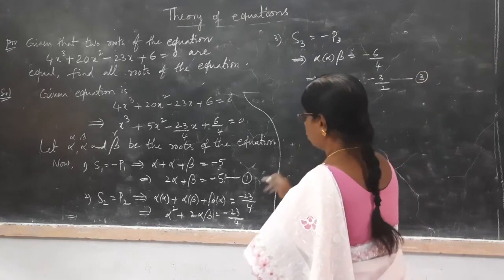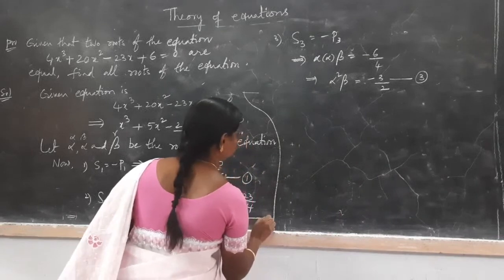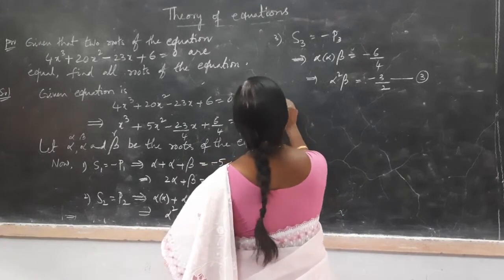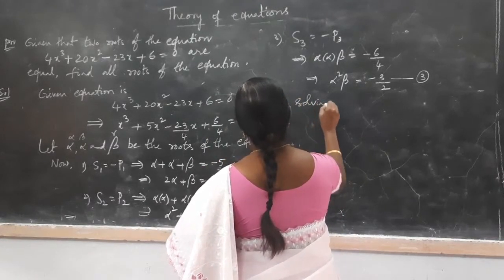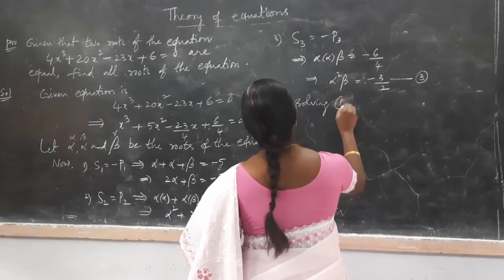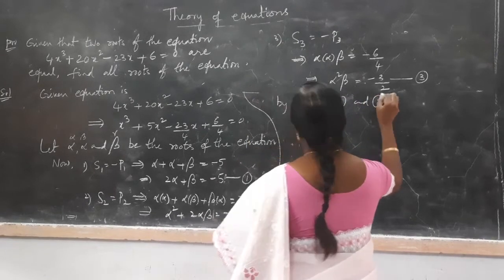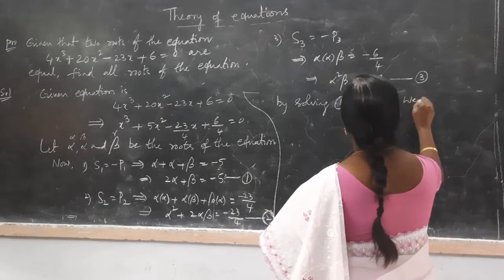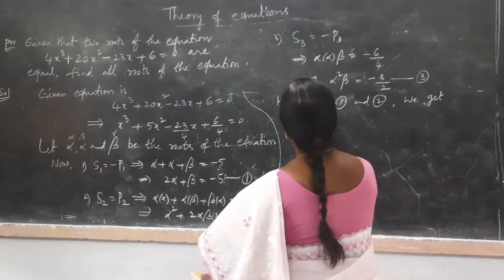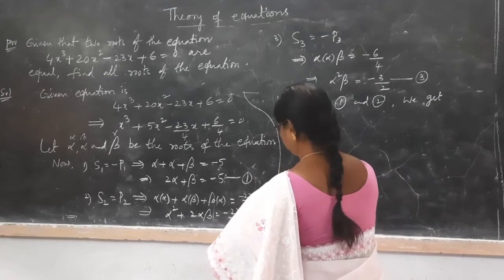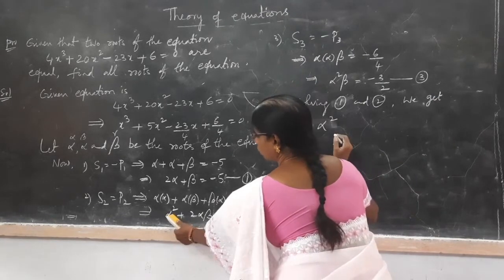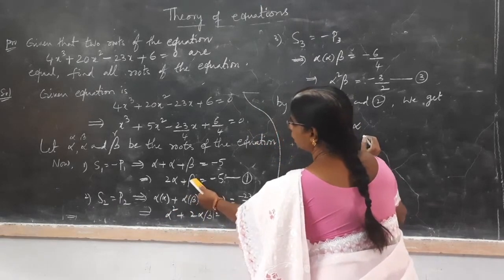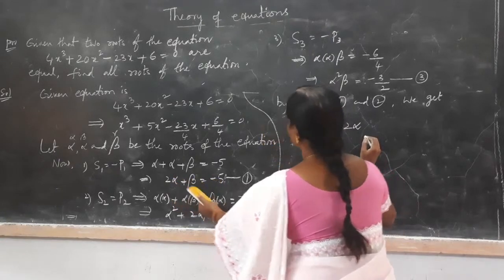Okay, from 1 and 2, I call this as 2. By solving 1 and 2, these are the 1 and 2 equations, we get 2 alpha plus beta equals minus 5. Eliminating beta, beta is equal to minus 5 minus 2 alpha.